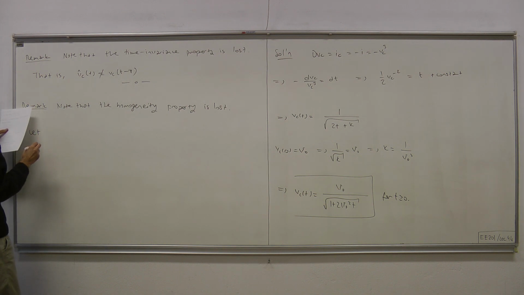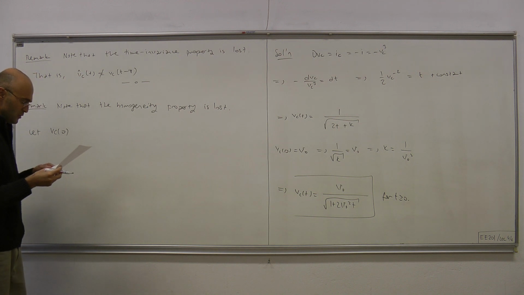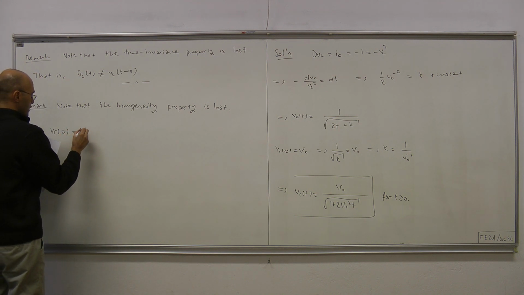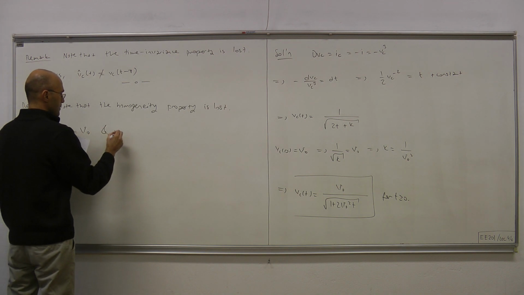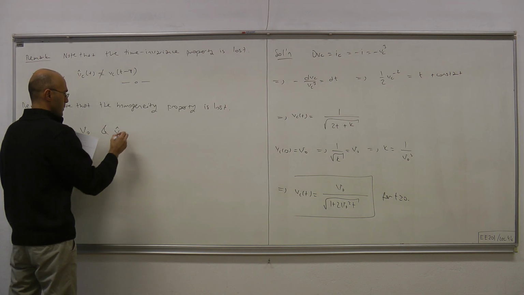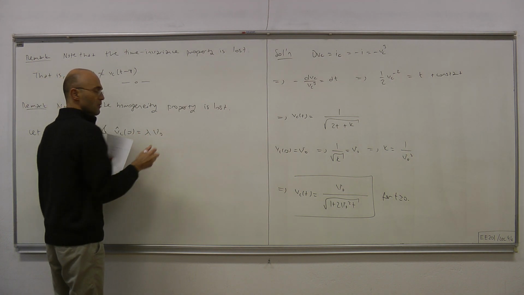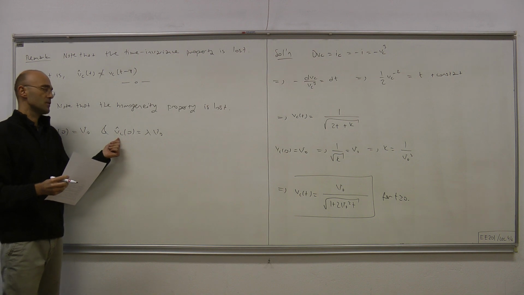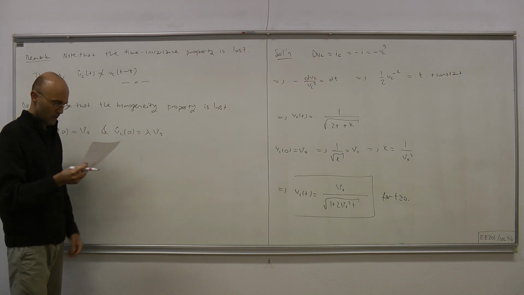And to see that, just start the circuit from a different initial condition. Okay, this is the original initial condition V0, and let's start the circuit from lambda times V0, and let's call the solution starting from this initial condition VC hat.